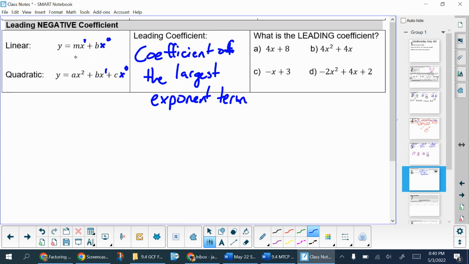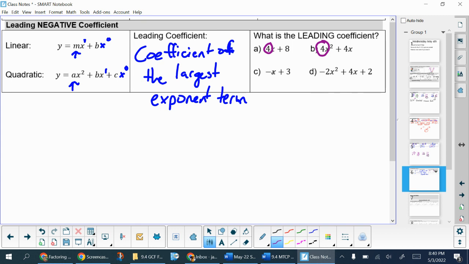So in both of these cases, the m here would be the leading coefficient, the a would be the leading coefficient. So when we're looking at these, assuming that they are already in order from biggest exponent to smallest, which this one is, goes exponent of 1, no variable at all. 4 is the leading coefficient. Here we've got 4x squared plus 4x, so they are in order, that's good. So 4 is the leading coefficient.